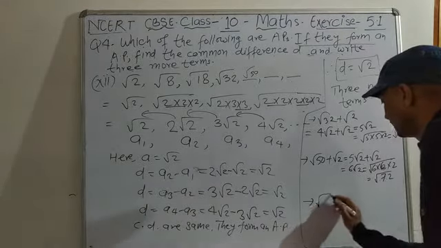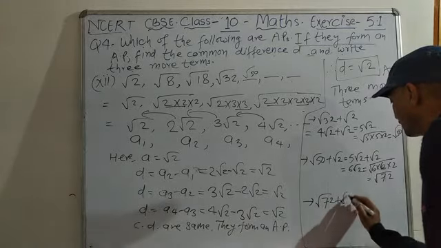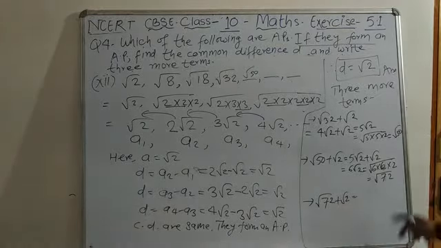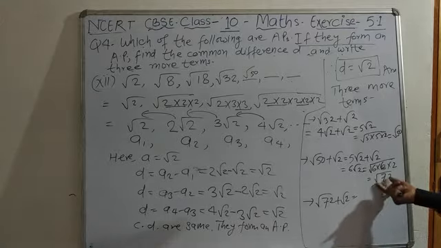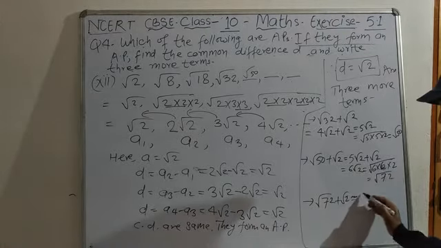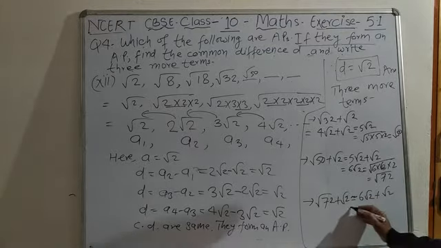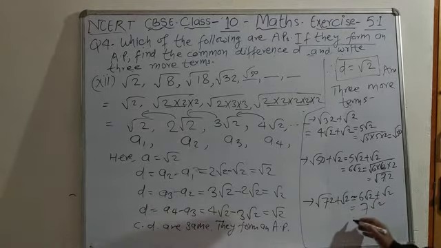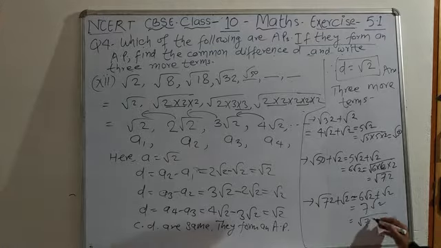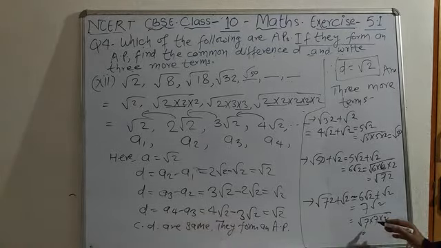Now last, root 72 plus root 2. See once again, root 72 is written as 6 root 2, plus root 2. That means 7 root 2. And again 7 becomes a pair: 7 into 7 into 2, 7 sevens are 49, 49 twos are 98.